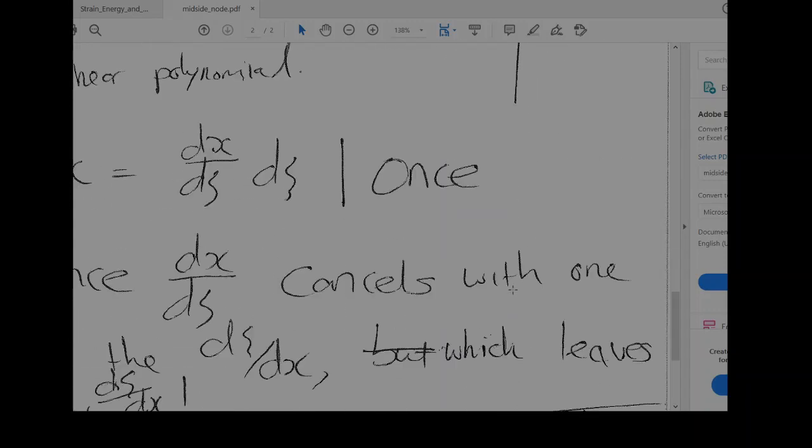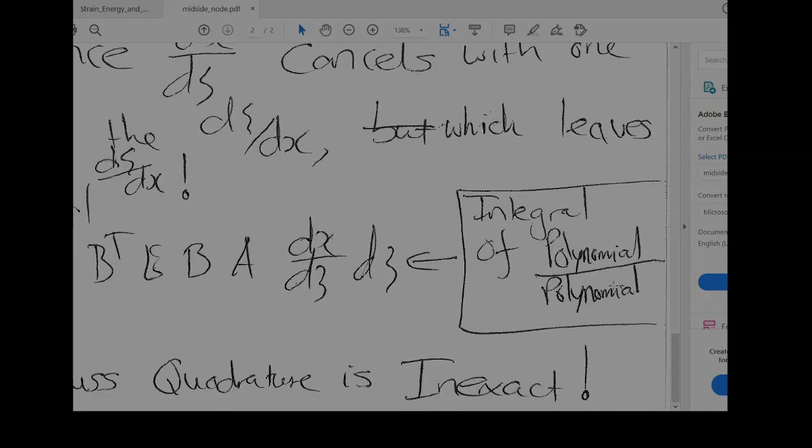So I'll end up with polynomials divided by polynomial. And when that's the case, my Gauss quadrature is inexact. I'm not able to do an exact Gauss quadrature.